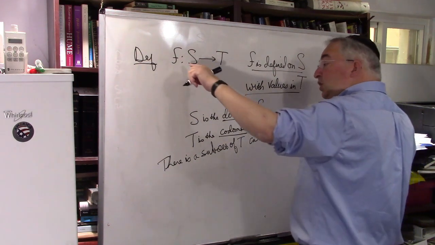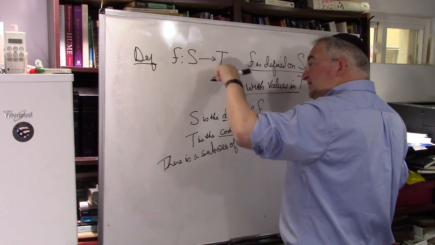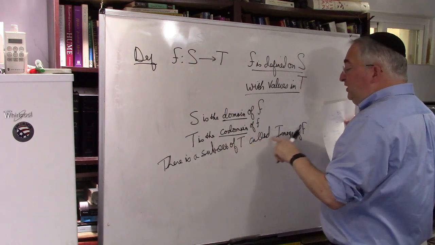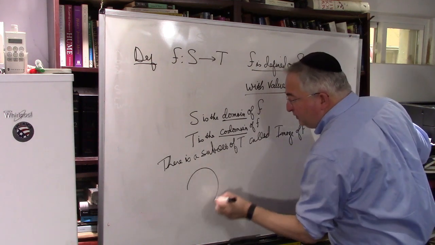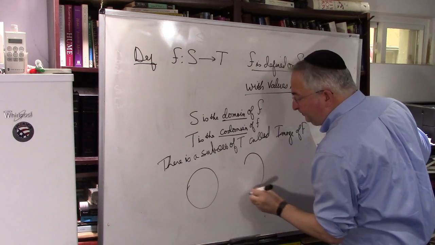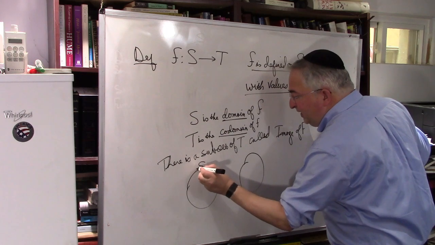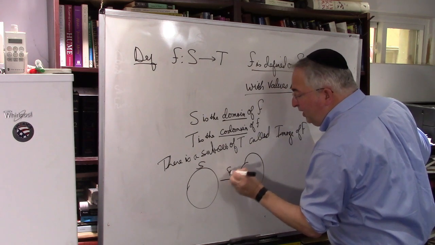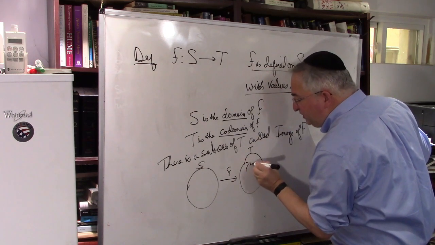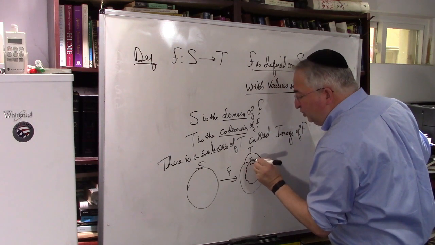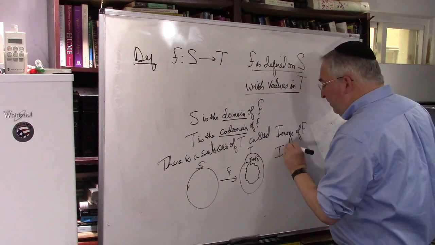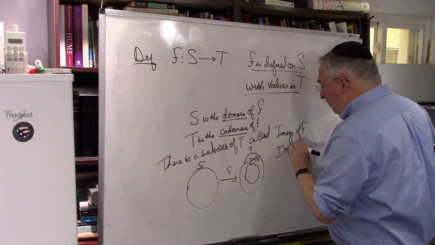Okay, so f goes from S to T. There's a subset of T called the image of f. We'll see what that means in a second. Basically, it goes as follows. Here's your set S. Here's your function f. Here's your set T. There's a subset of T, and we call that the image of f. We write it im of f.